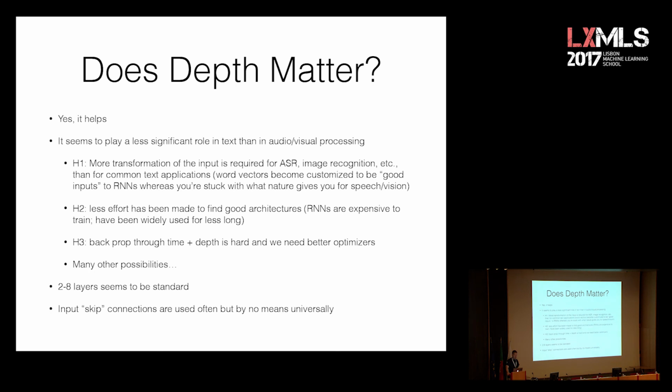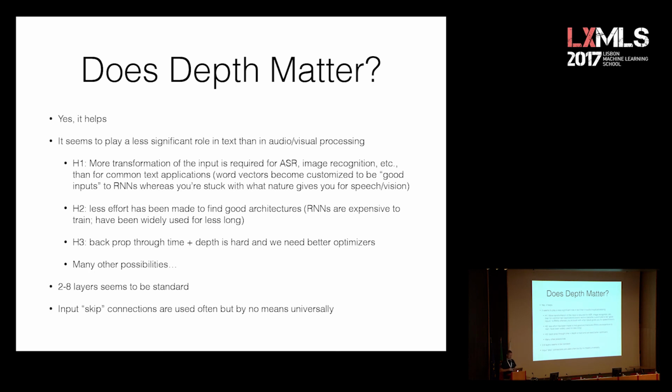I think we had swung in the direction of saying that depth matters more in text, and now the pendulum is swinging back, and people are going with shallower architectures. Basically, if you tune these things, it doesn't matter. It seems like the most important thing is the number of parameters in your model, not whether they're spread out along deeper architectures or shallower ones. I think that's the current received wisdom.